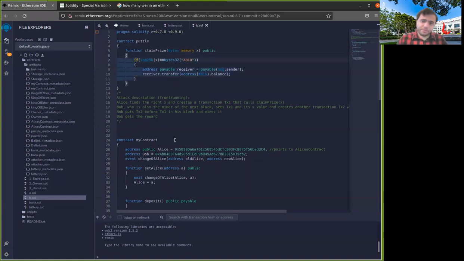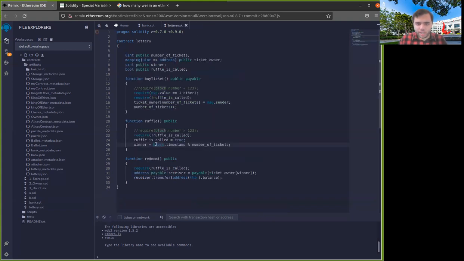And there, the problem that we had was that we were giving too much power to the miner, in the sense that the order of the function calls mattered, and the miner was the one who could choose the ordering. So that was much more subtle, but here we have a much more direct problem. The miner, we know, can choose the timestamp, and we are just letting this thing happen. Okay? So not great.